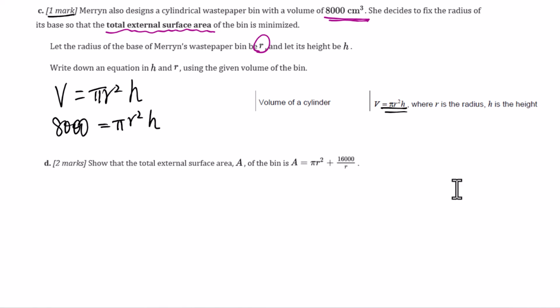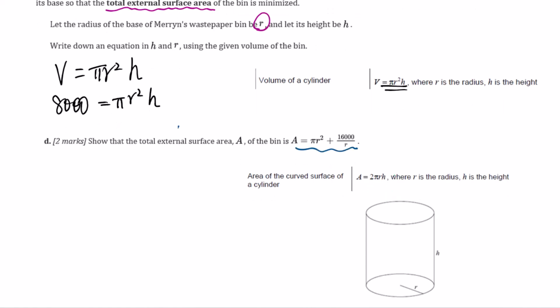Let's go to D. Show that the total external surface area A of the bin is this. We will use this formula and also the bottom area of the bin to figure out the total surface area.